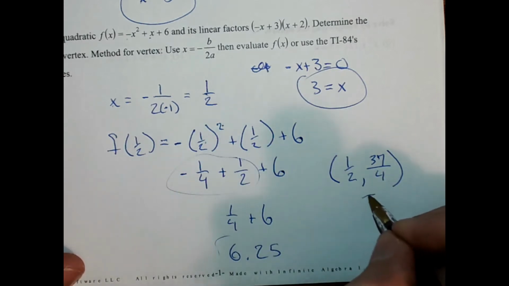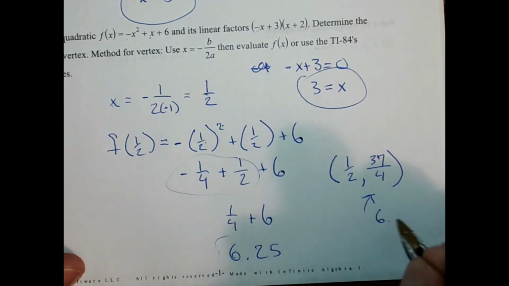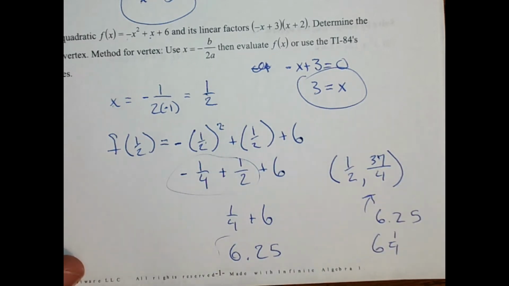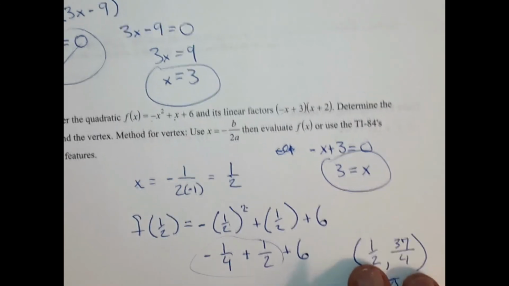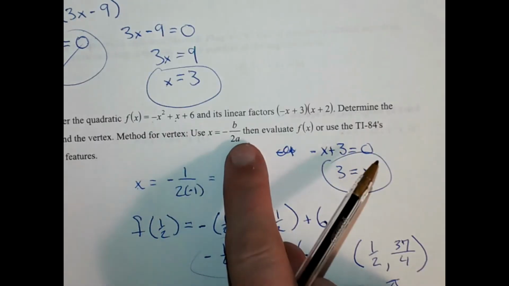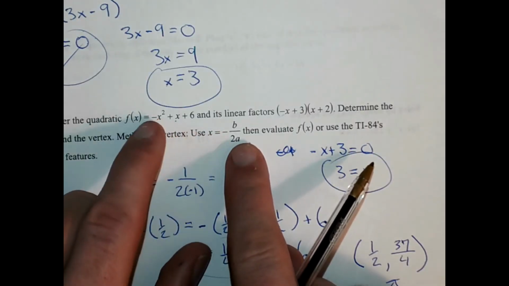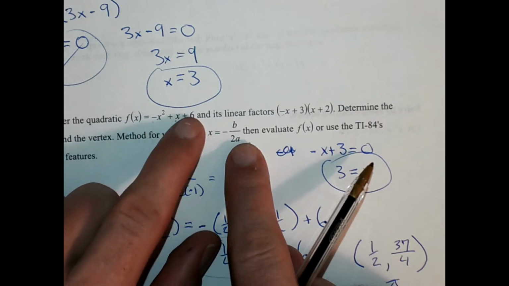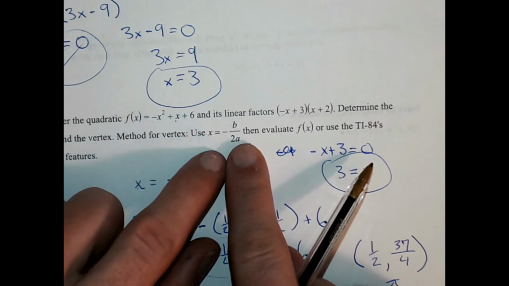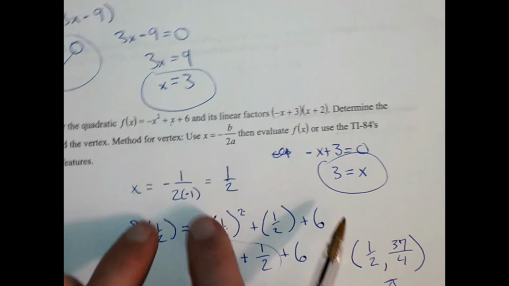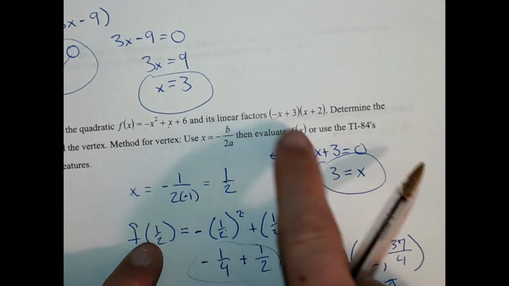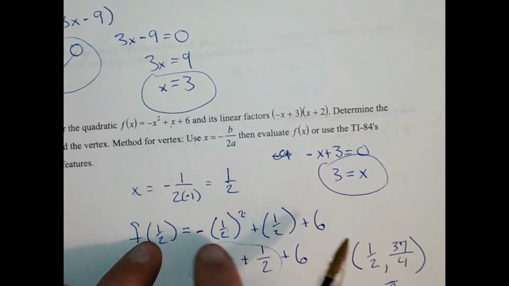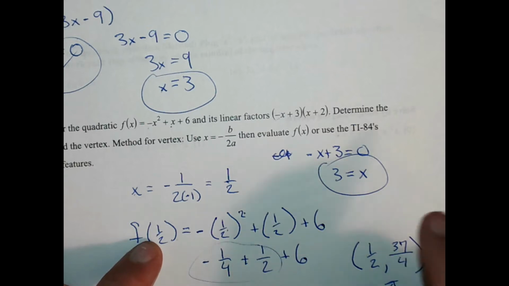But that number is the same as 6.25 or 6 1/4. So use this identity, opposite b over 2a, with a, b, and c, to find the x-coordinate of the vertex, and then evaluate the function at the x-coordinate to find the y-coordinate of the vertex.